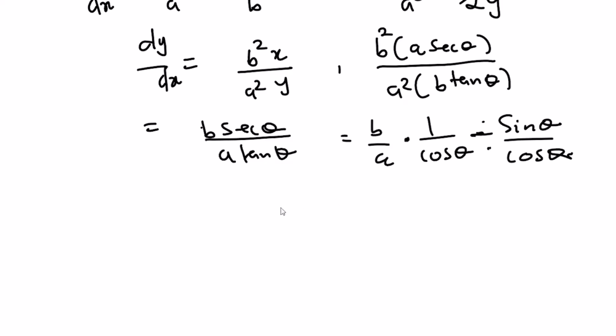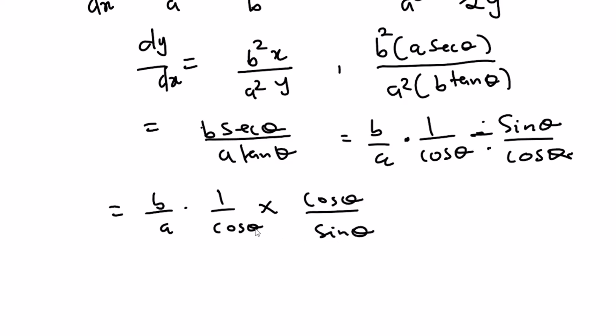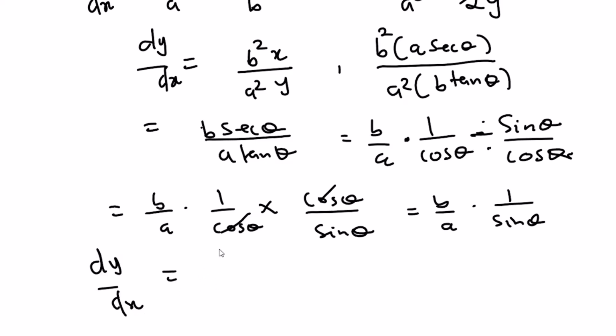So in this case, what happens next? We have b on a multiplying 1 on cos theta times cos theta on sine theta. And now we have b on a multiplying 1 on sine theta. So dy/dx will be equal to b on a sine theta.